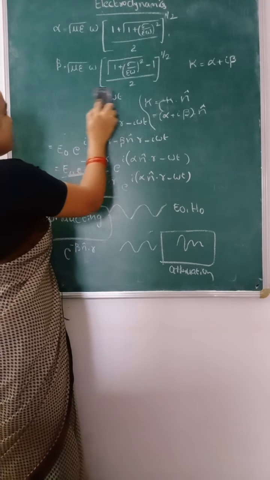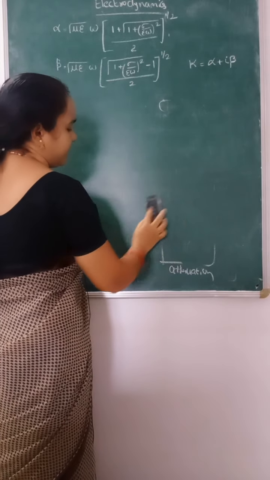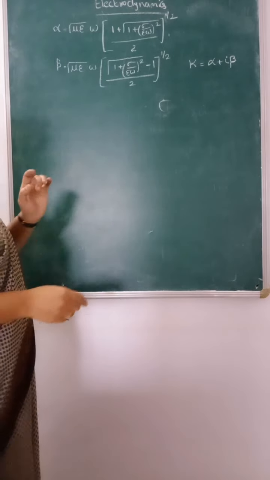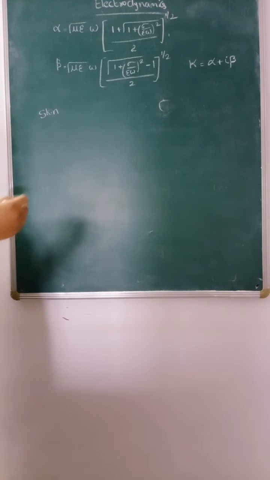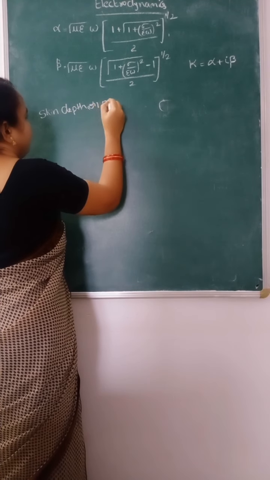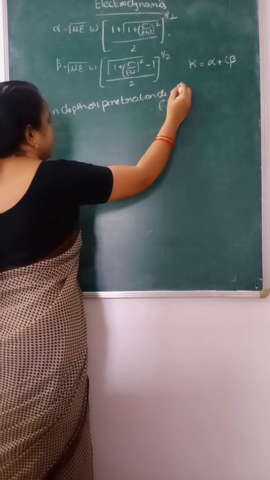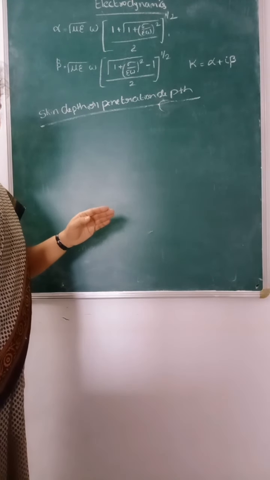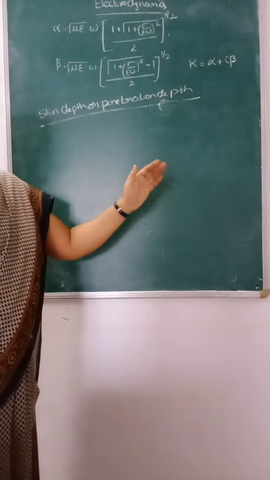Next, we should find out the velocity of the plane electromagnetic wave in conducting media. Here there is an important term we should study, called skin depth or penetration depth. We have already calculated that the amplitude of the wave decreases when this plane electromagnetic wave travels through a conducting medium.